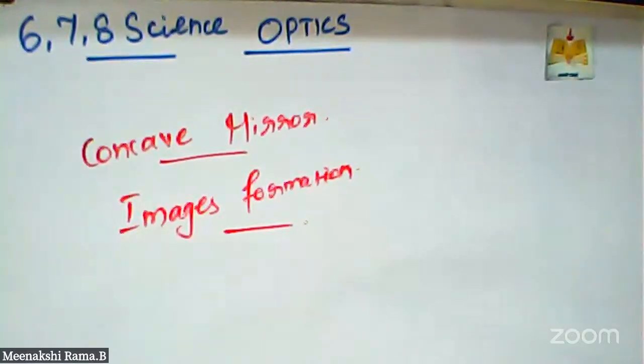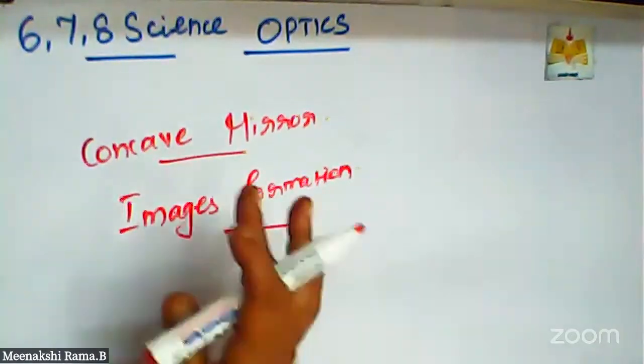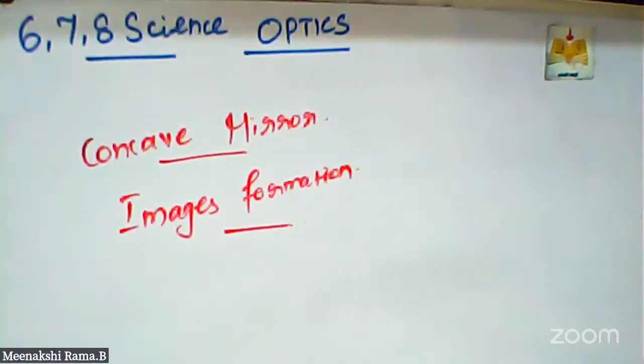Depending upon the object position, size and nature, the ray diagram differs in a concave mirror. So the position, size and nature of the image are found by drawing the ray diagram of a small linear object on the principal axis of the concave mirror.